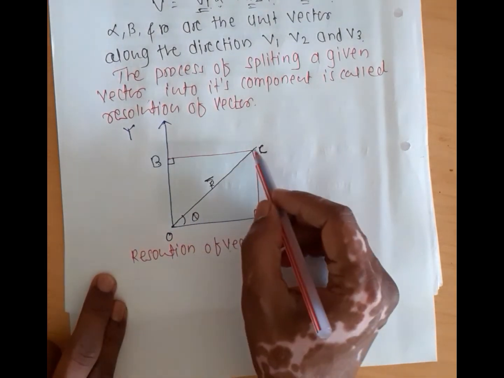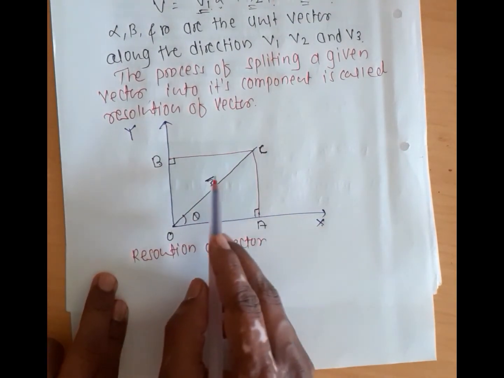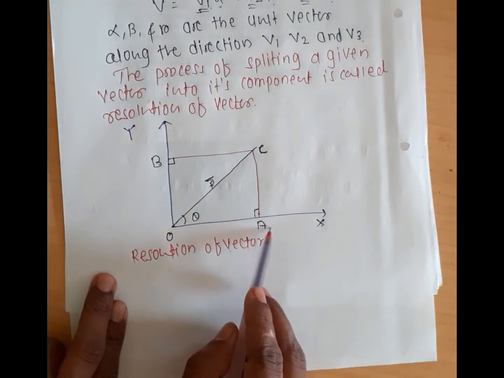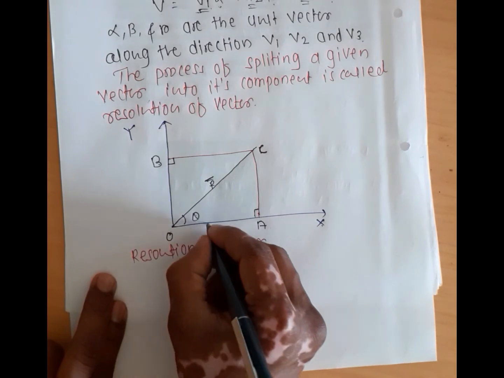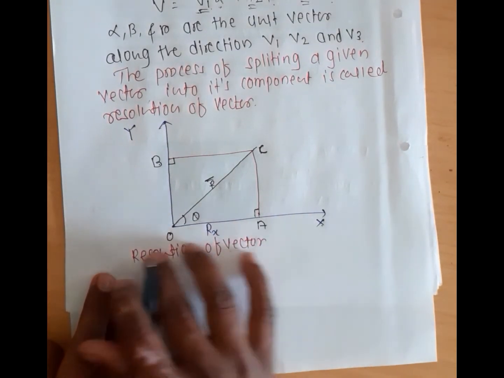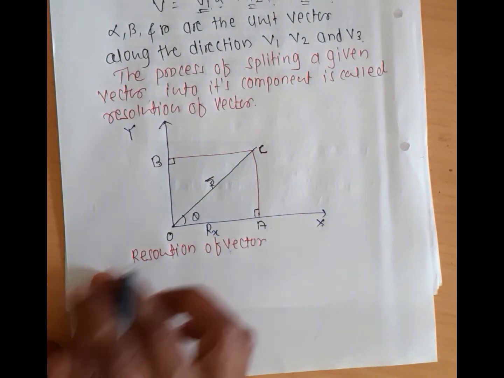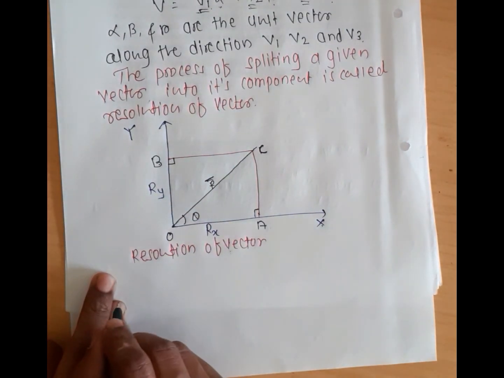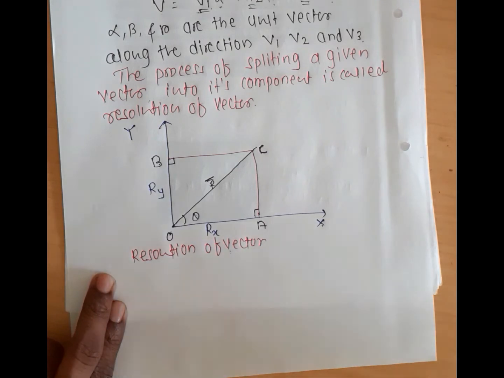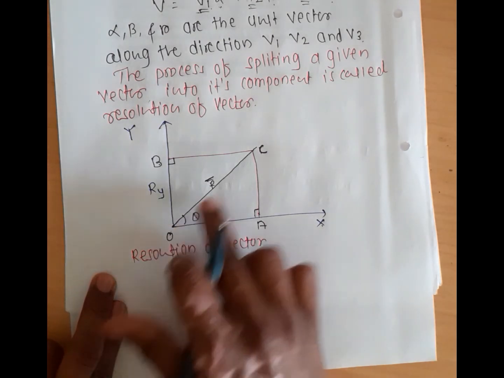This OC is represented as R bar. OA is represented as one of the components, that is Rx, because of the x direction, and this OB is represented as Ry. Okay, so now here R bar is represented as what? That is OC bar.